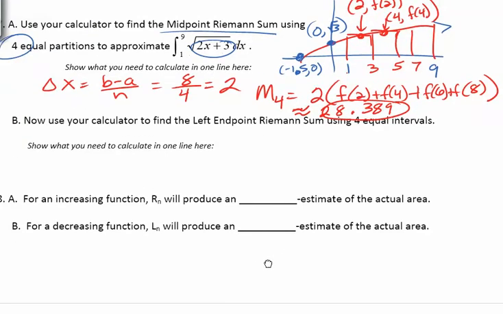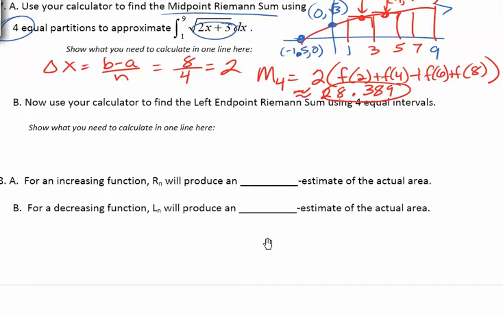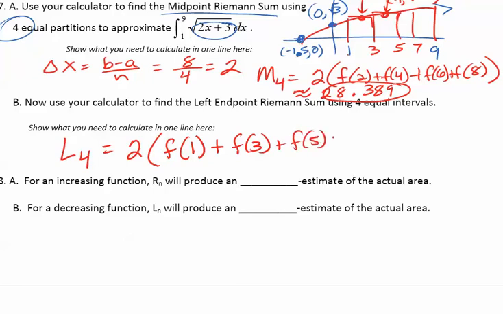All right, and now we're going to change our calculation, so we're doing the same partition, but we're measuring at the left-hand side. So now we want to do L4. So our delta x is still 2, but we're measuring the heights at the left-hand side of each partition. So f of 1, f of 3, f of 5, and f of 7.